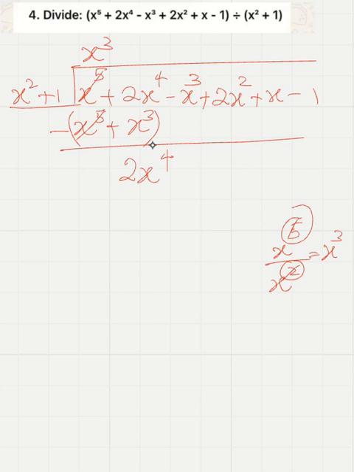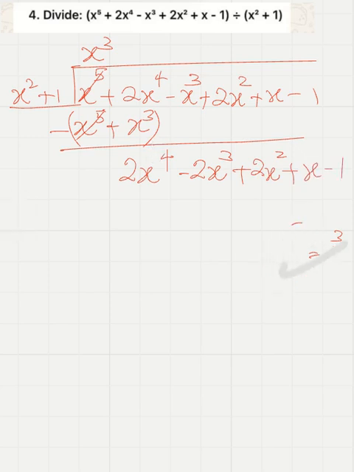Minus x cube minus x cube, because there's a minus outside here, minus times plus is minus, so that will give minus 2x cube. Then we bring the other terms down, plus 2x squared plus x minus 1. Those are the terms that we've brought forward.